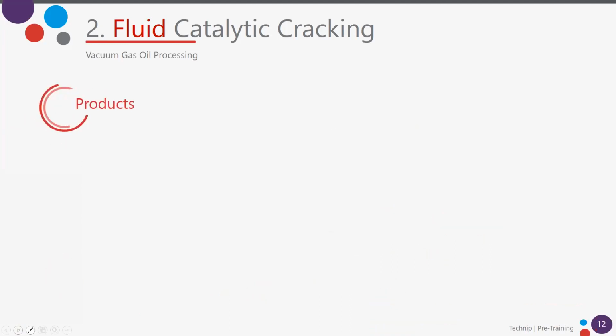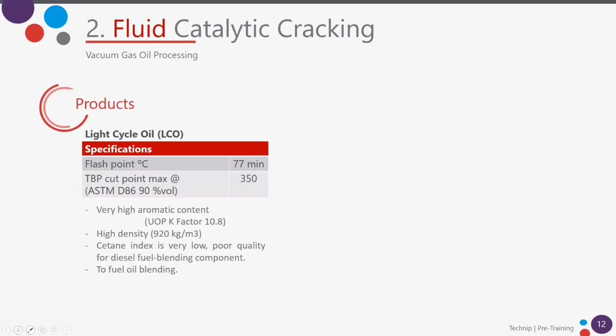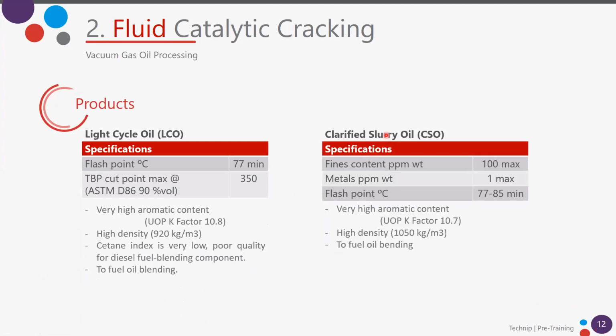And then we'll have these two heavier products, the light cycle oil and the clarified slurry oil. In these streams, the K factor, remember that we saw the UOP K factor, or the characterization factor, or Watson factor, but it's the same definition.